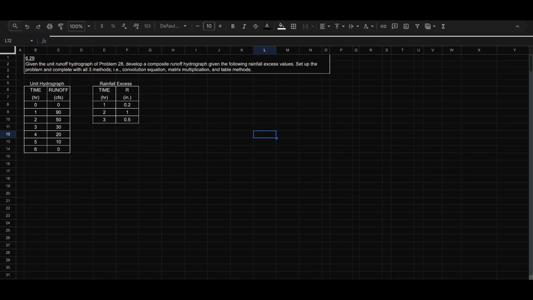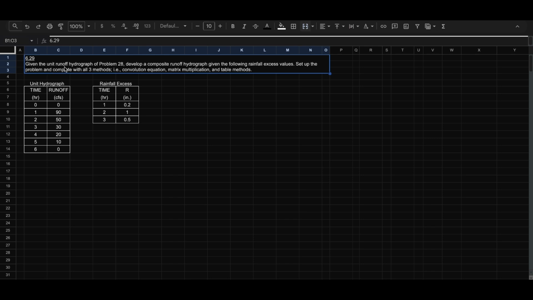Now let's move on to the last problem of this video, and we're going to work with unit hydrographs. We are given data for a specific storm, but this storm had 3 different rainfall excess periods. Let's read the problem. 6.29.